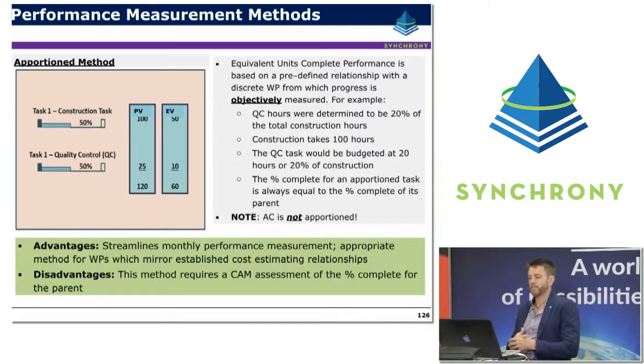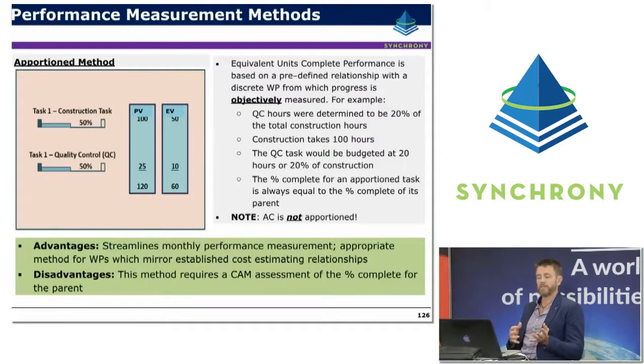Quality control would be a typical one that you might use an apportion method for. If it was agreed that the quality control hours were determined to be roughly 20% of the total construction hours, and construction takes 100 hours, the quality control task would be budgeted at basically 20 hours or 20% of construction.